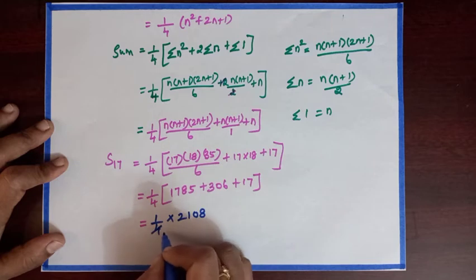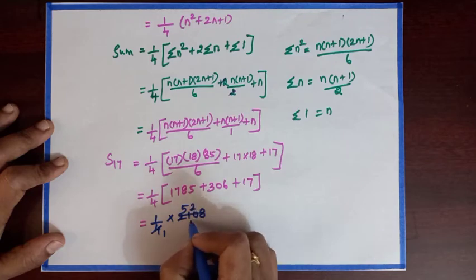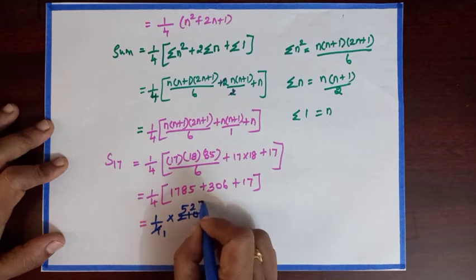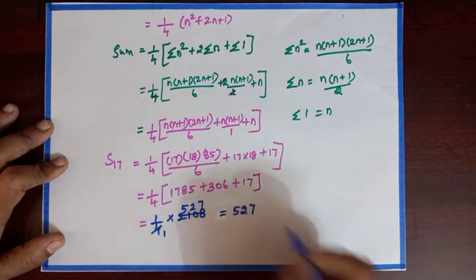So now I am going to cancel with 4 one time. 5 4s are 20, 2 4s are 8, 28, 7. So the sum of the 17th term of the series is 527.